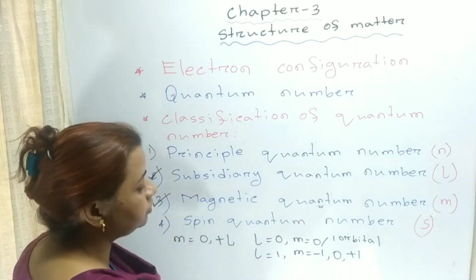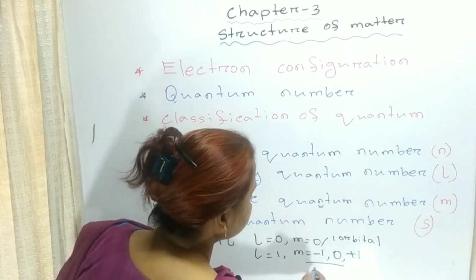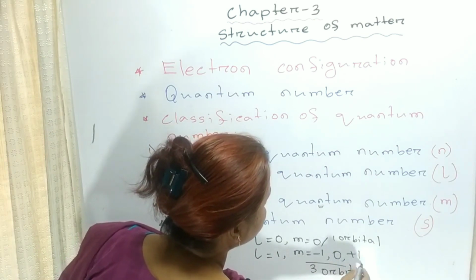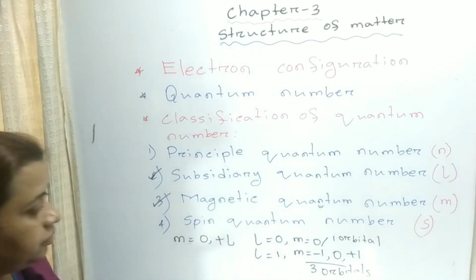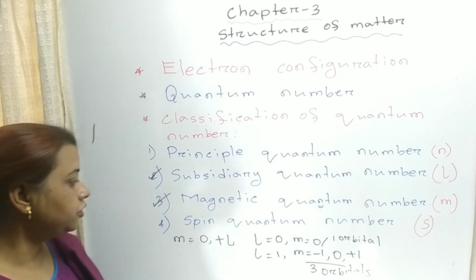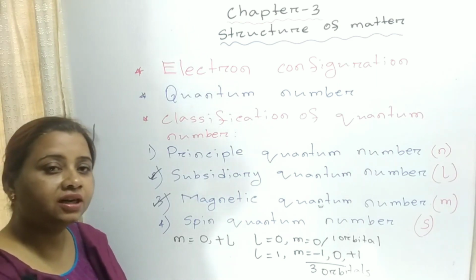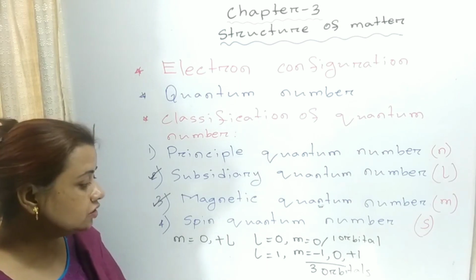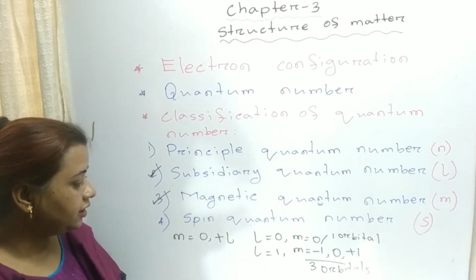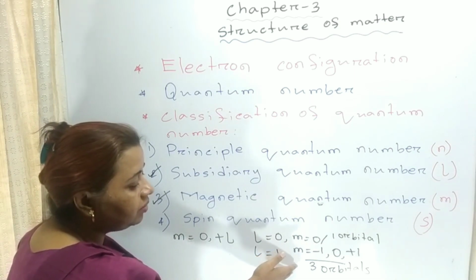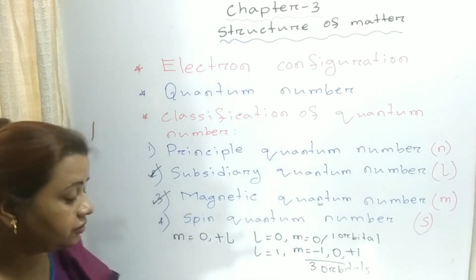For 3 values of m, we will get 3 orbitals. Is this clear to you? So, through magnetic quantum number, as I told you, we can understand the orientation of electrons in the orbit, and through the value of m, we get the number of orbitals.